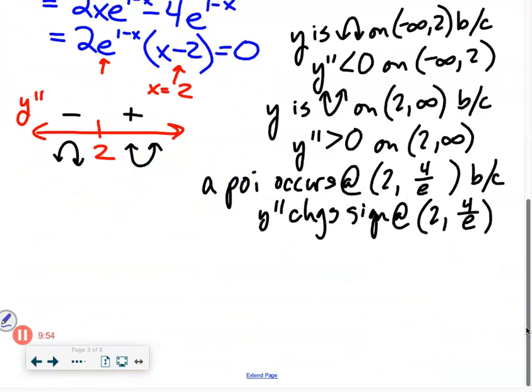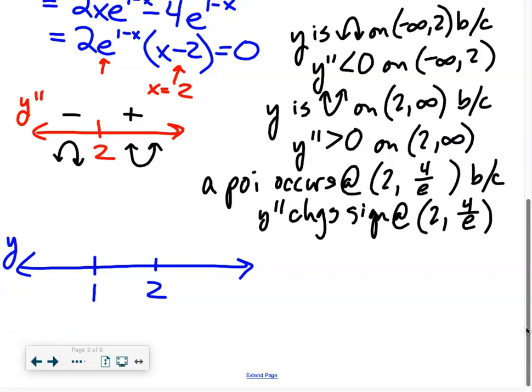So I'm going to take everything from both sign lines. I have a 1 from my y prime sign line, and a 2 from my y double prime sign line, and I'm just going to make a big y sign line.